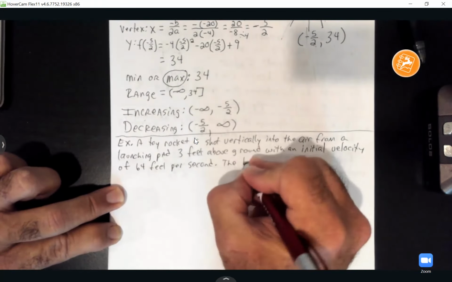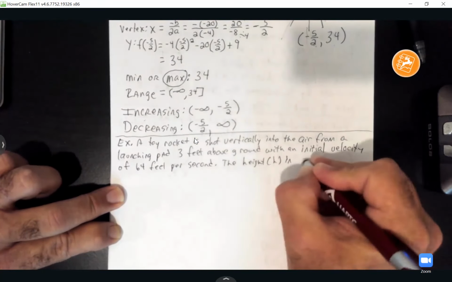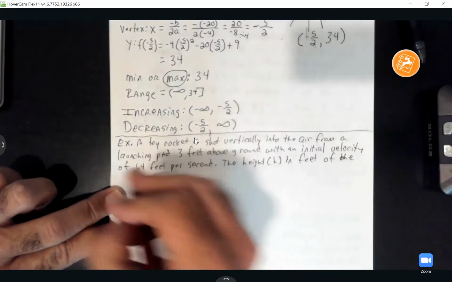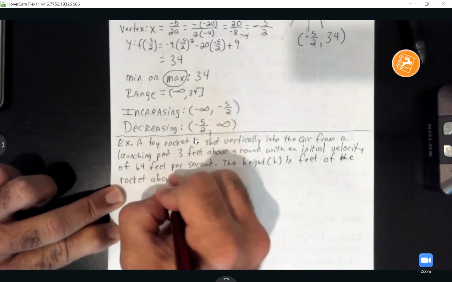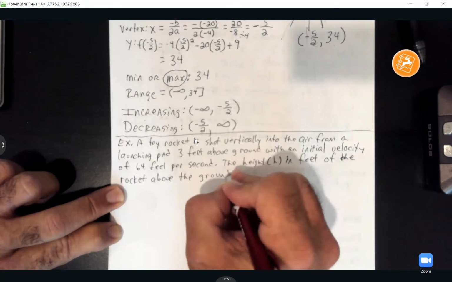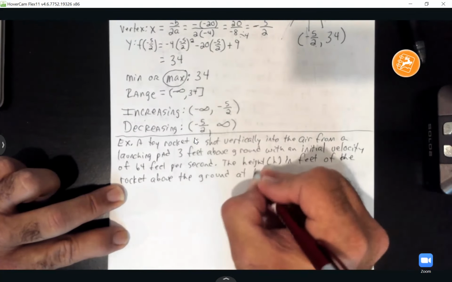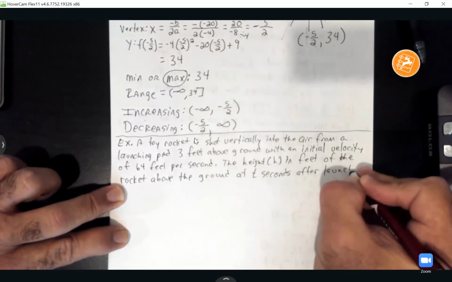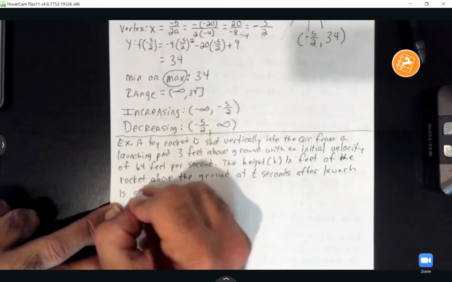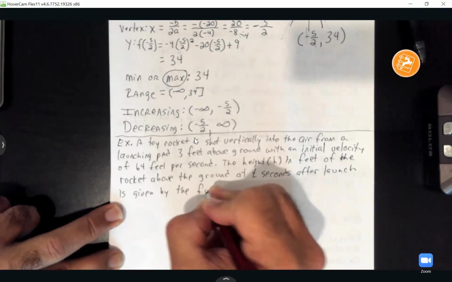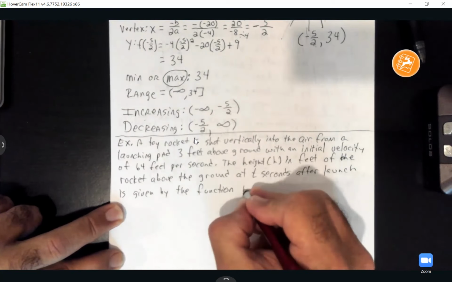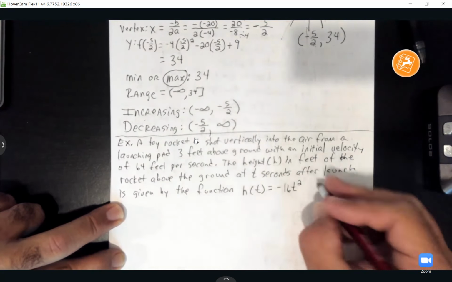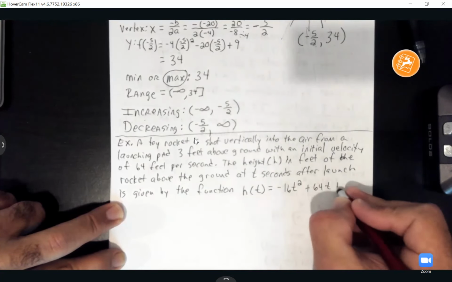So the height in feet of the rocket above the ground at t seconds after launch is given by the function h of t equals negative 16t squared plus 64t plus 3.